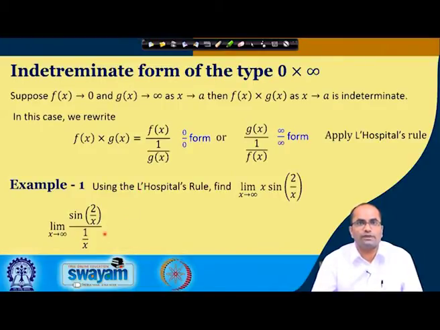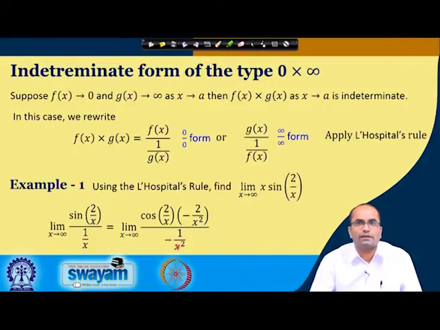The derivative of sin 2 over x will be cos 2 over x times minus 2 over x square, and the derivative of 1 over x is minus 1 over x square. The x square terms get cancelled, and then we have 2 cos 2 over x as x goes to infinity. As x goes to infinity, 2 over x goes to 0, and cos 0 is 1, and we have this 2 here. So, the limit is 2.